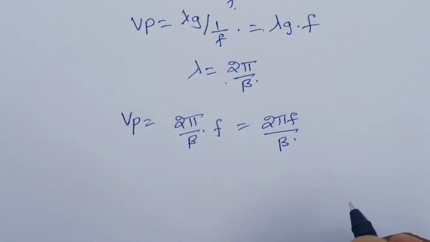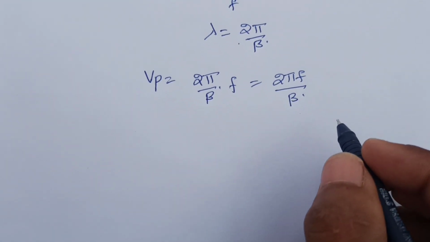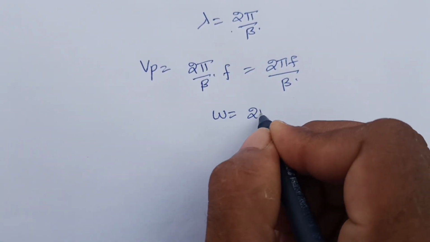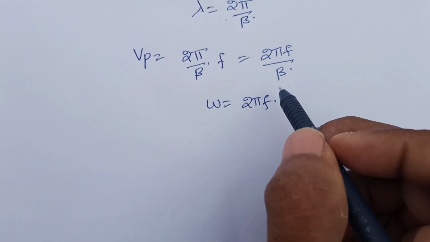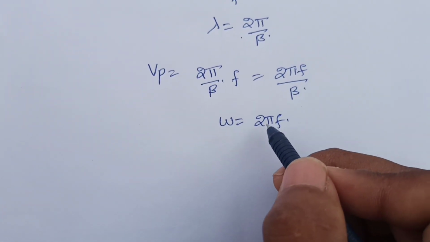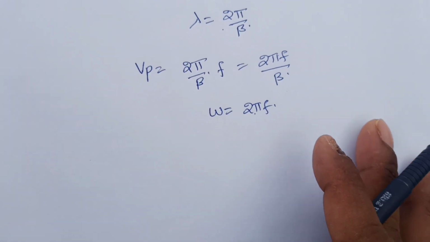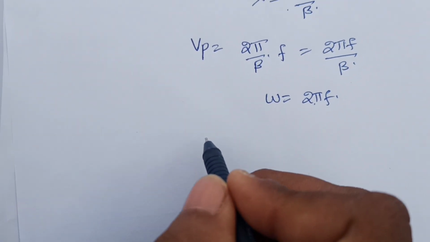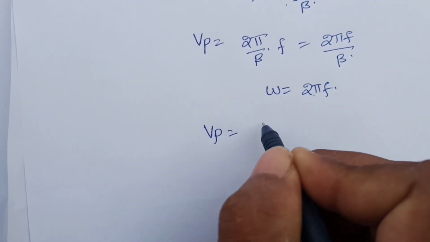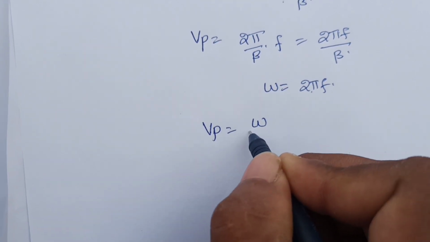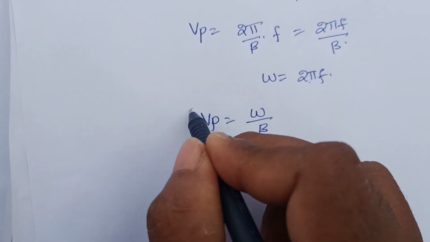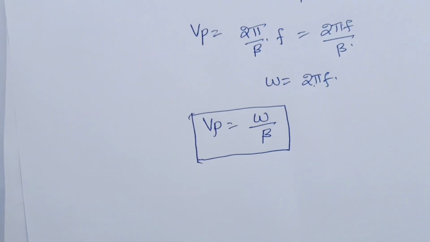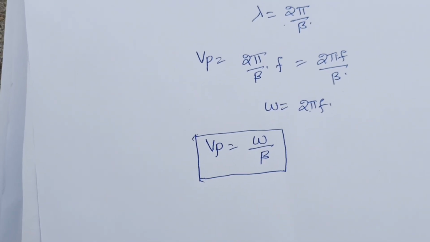Here, 2 pi f is the angular velocity omega, equal to 2 pi f. So in the place of 2 pi f we substitute angular velocity omega. Then v suffix p is equal to omega by beta. This equation is the phase velocity equation.